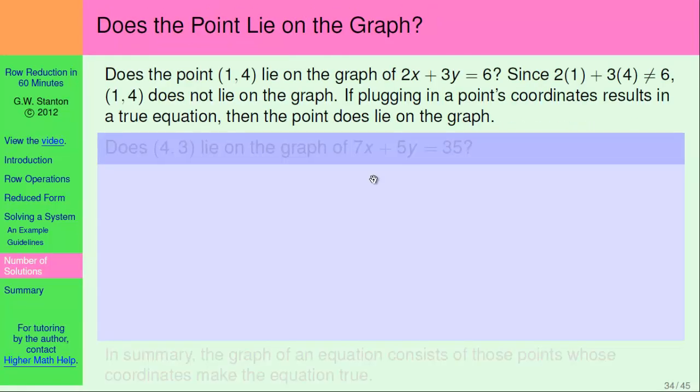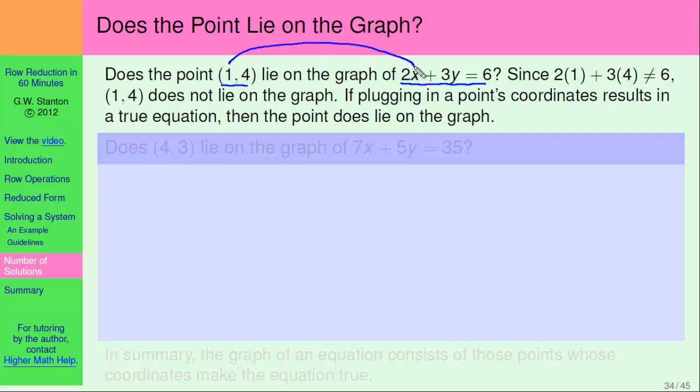For example, let's say we want to determine whether or not the point 1, 4 lies on the graph of the equation 2x plus 3y equals 6. We can do this without actually drawing the graph. All we need to do is plug the point into the equation.